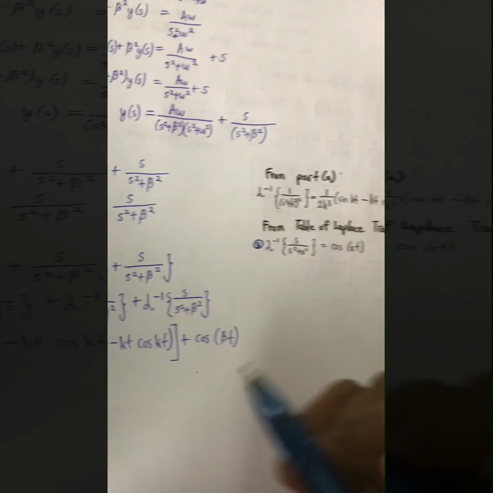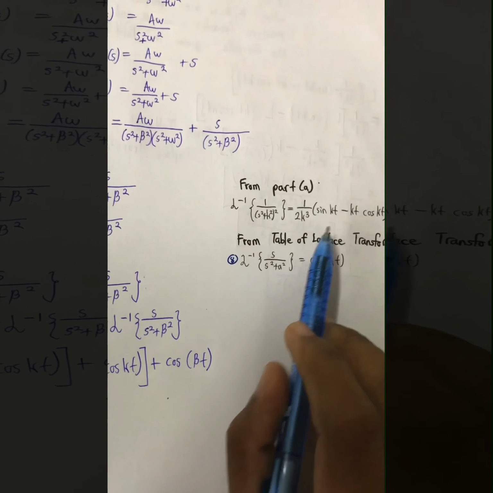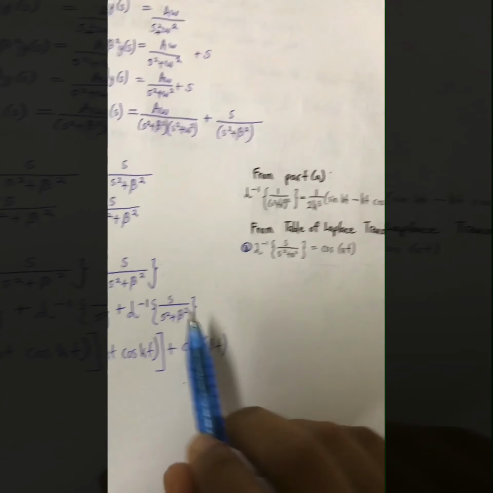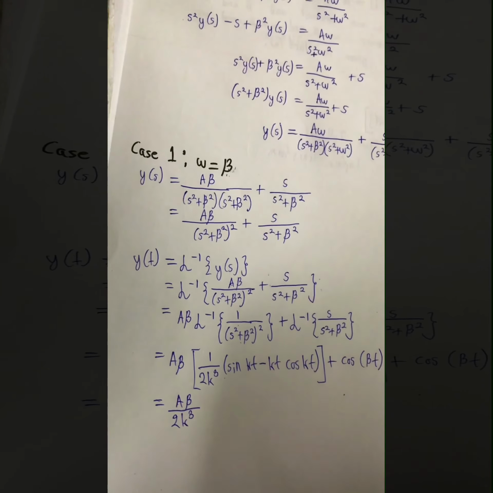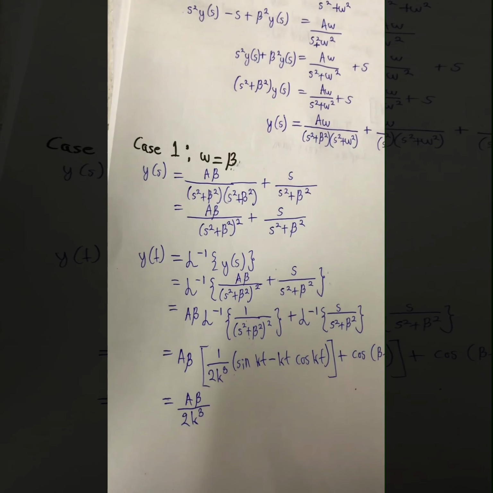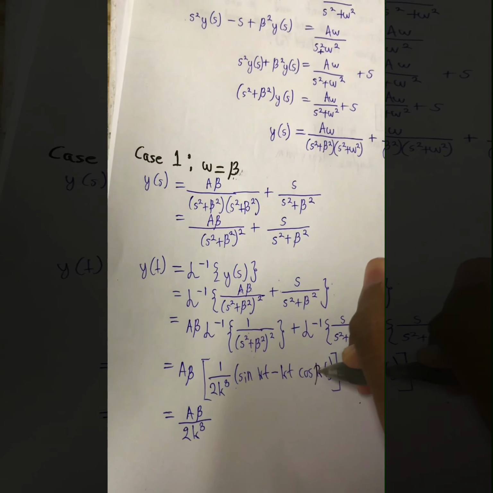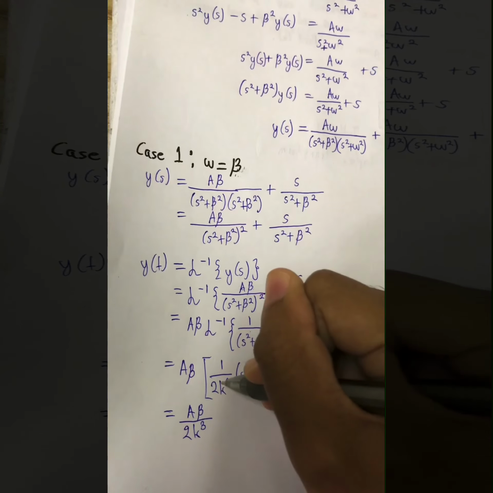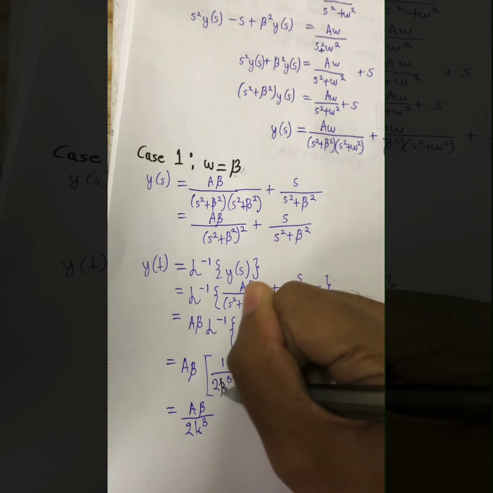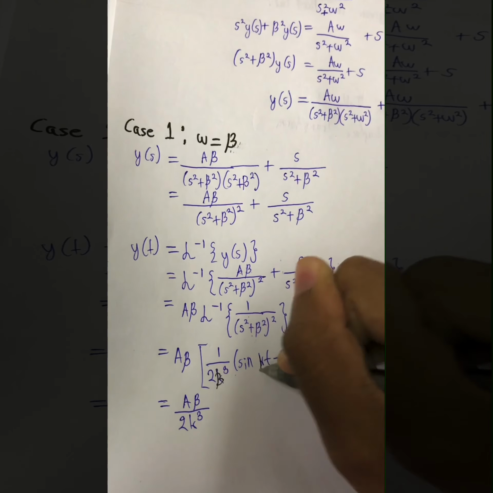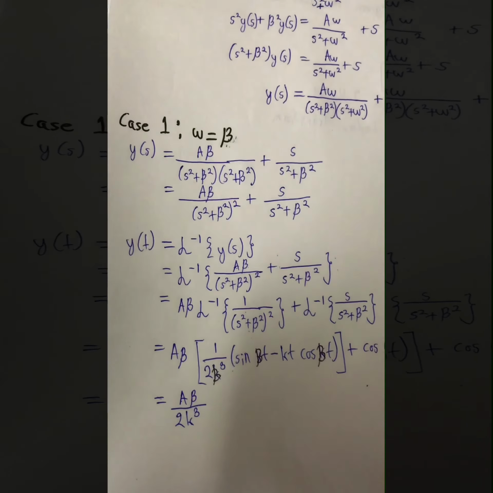Sorry, note here that our constant is beta, so it does not become k, it will become beta. So here is cos beta, and here is also beta, and here is sin beta.